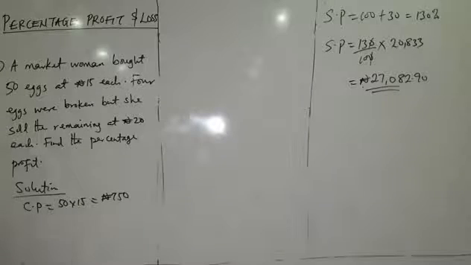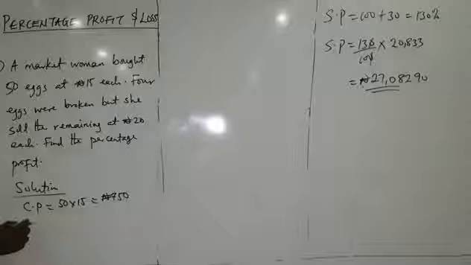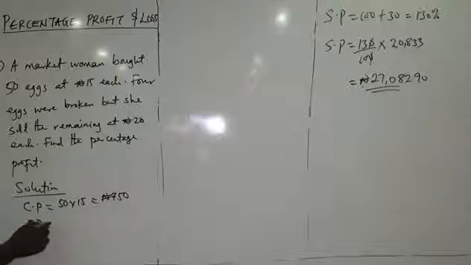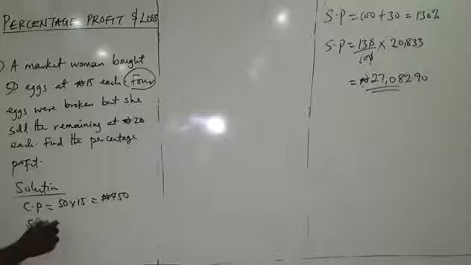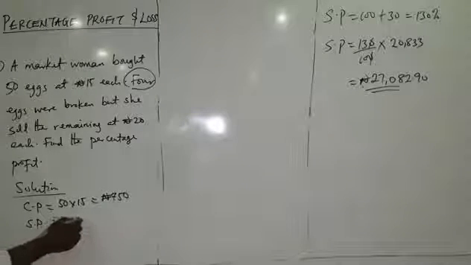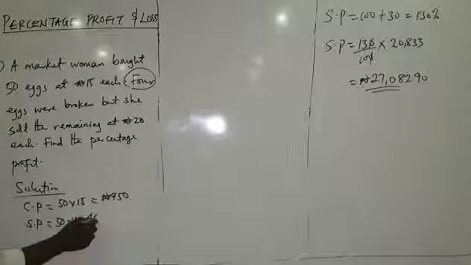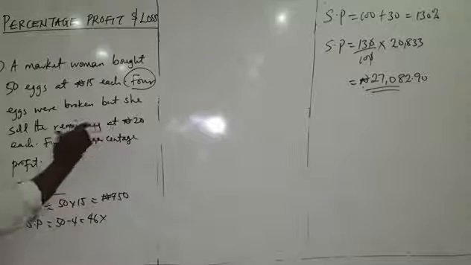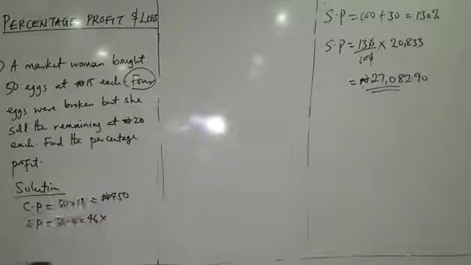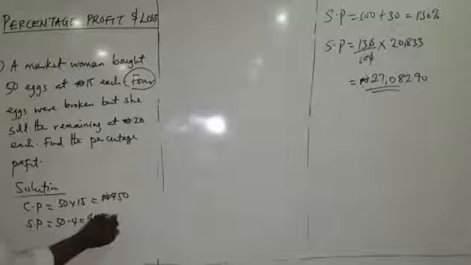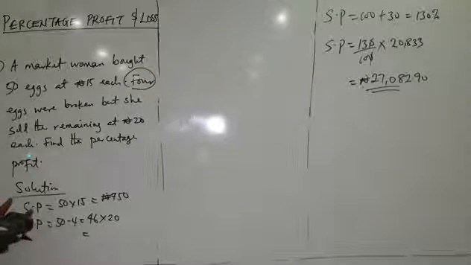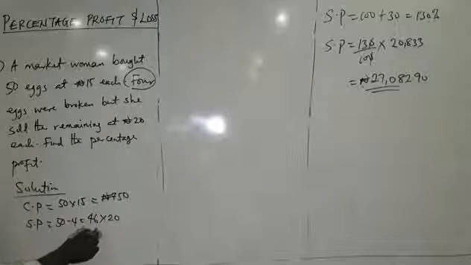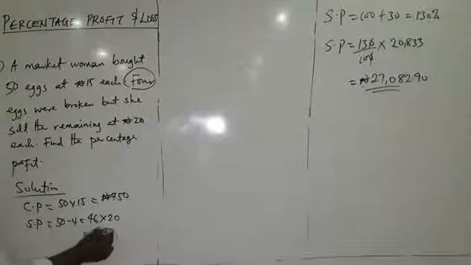Right? 750 naira. Then the selling price now. Don't forget 4 were broken. So that is 50 minus 4, which gives us 46. Multiply by how much she sold one. She sold one at 20 naira each. So 46 times 20 gives 920.